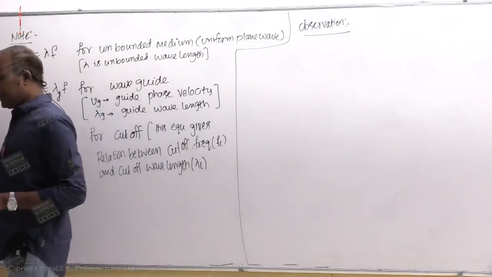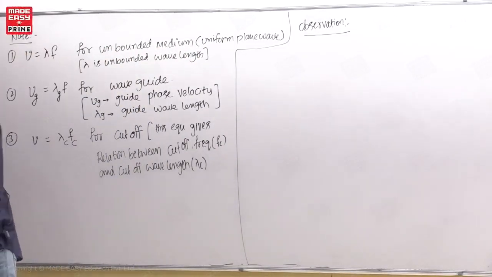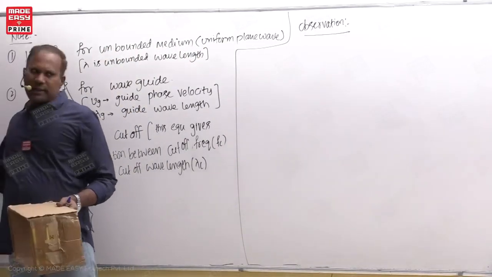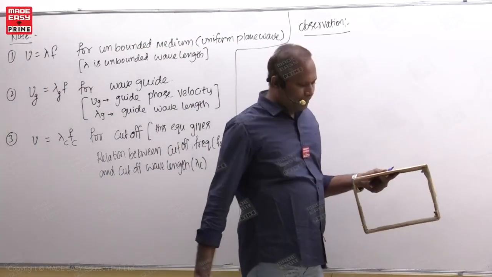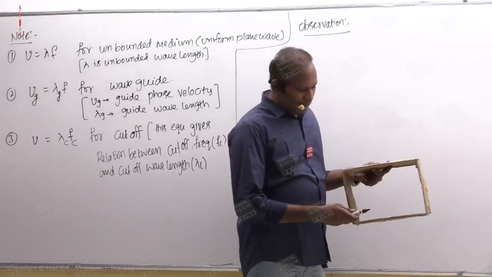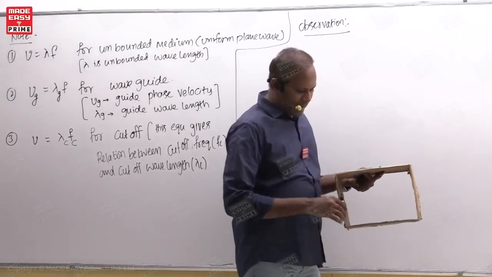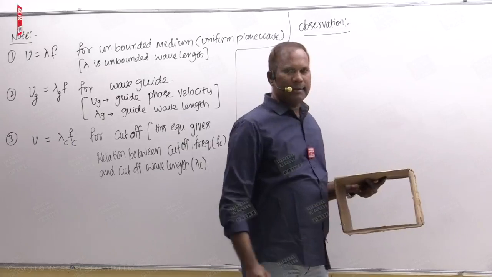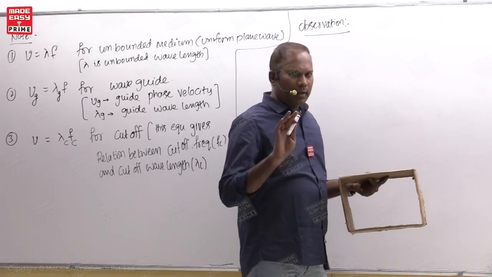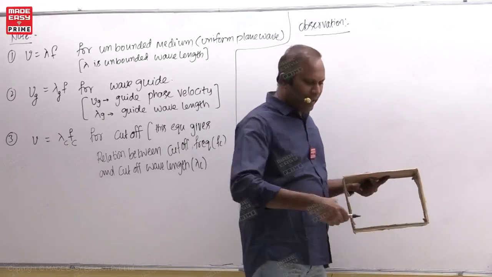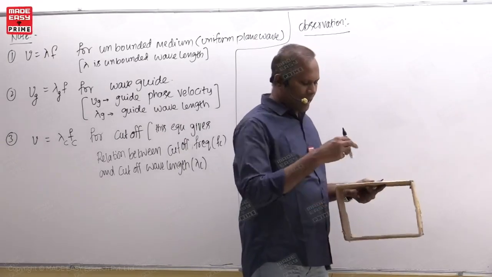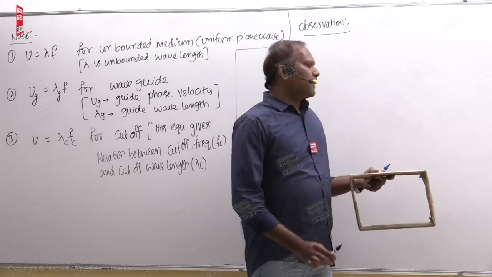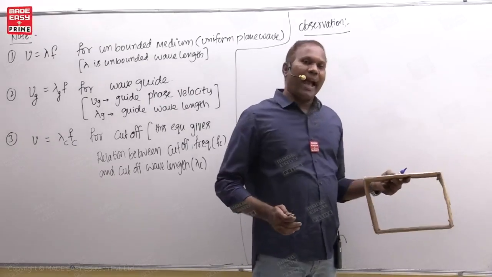I will show here in the waveguide. Dear students, this is waveguide. We have taken this as the x-axis, this as the y-axis, this as the z-axis. Don't ask me, sir, which is x and which is y; we had taken it like this. This is x-axis, this is y-axis, this is z-axis. What is the meaning of waveguide axis?